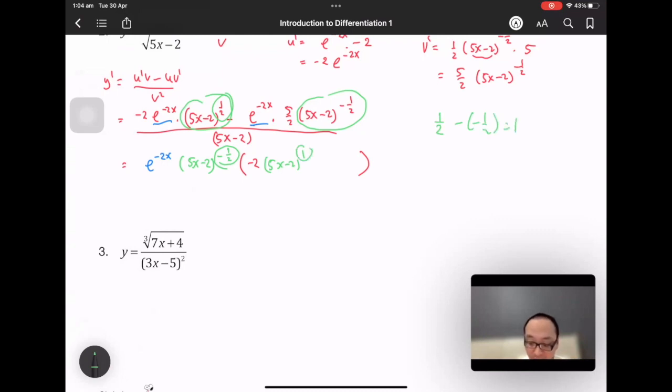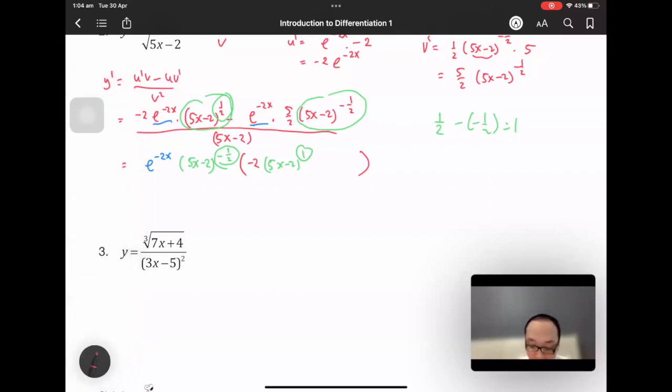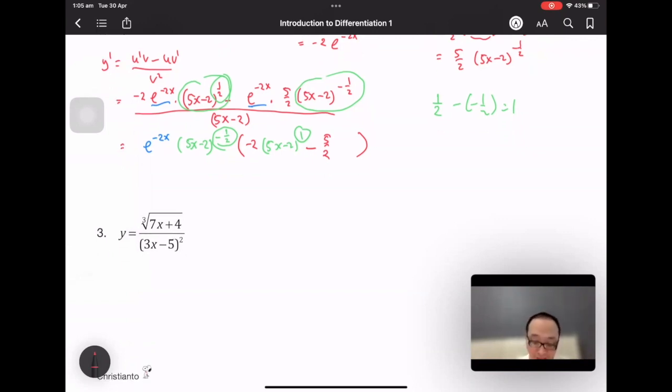So you put 1 here. And then minus e, we have this the same, 5 over 2. And that's it. The (5x minus 2) to the power of negative half is also already in the factor, over 5x minus 2.